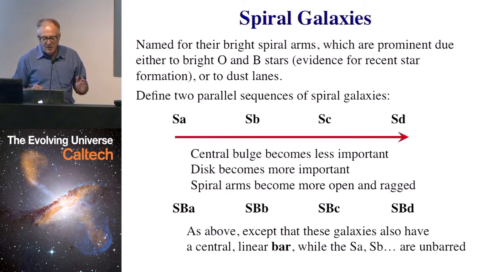As you go from the earliest type, where the bulge is dominant and the spiral arms are least developed, to the other end of the sequence, where bulges are essentially non-existent, the spiral arms are very prominent. There's a lot of star formation. There is clearly some sort of gradation in meaningful physical properties. But at any given Hubble type, there is a huge range in masses and luminosities and so on. So many of the very important physical properties of these objects are not correlated with Hubble types.